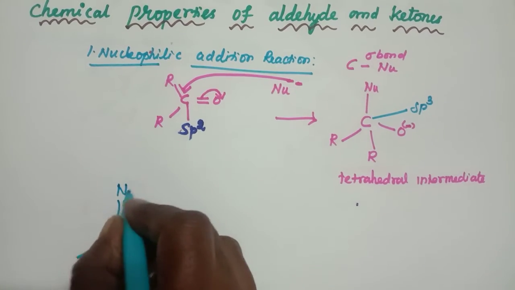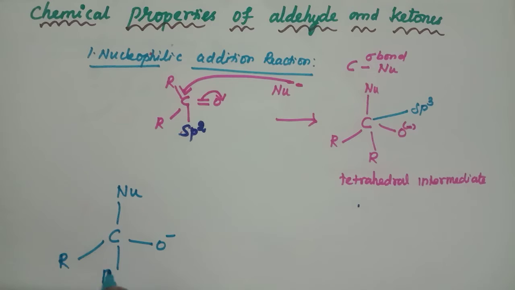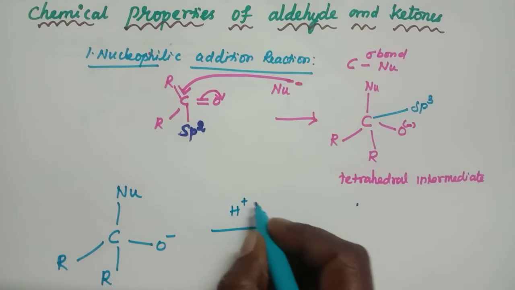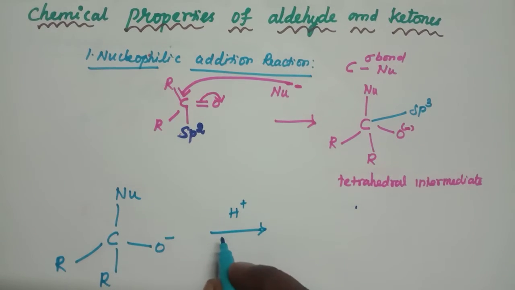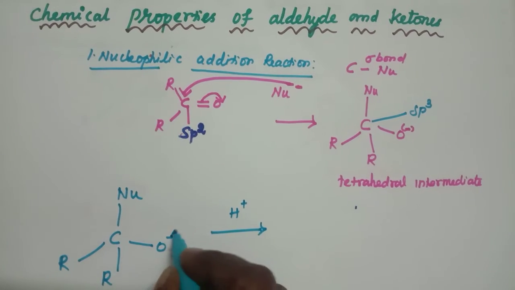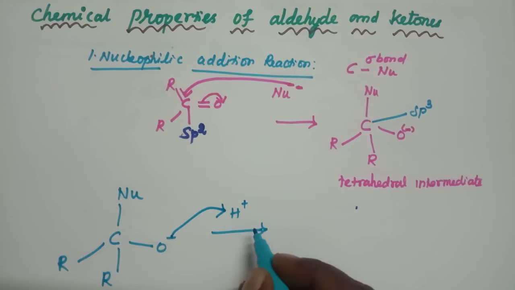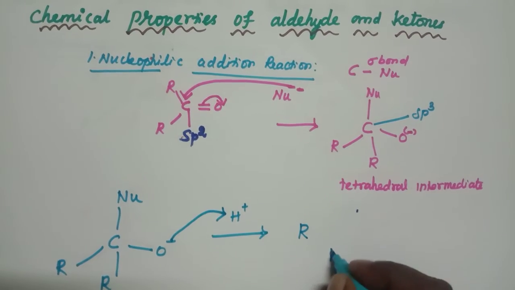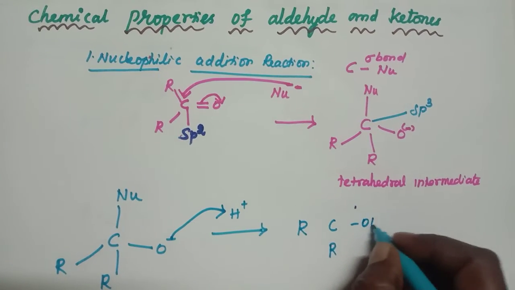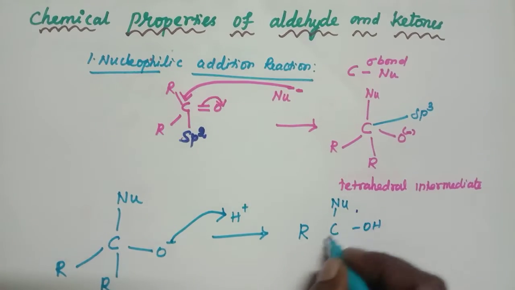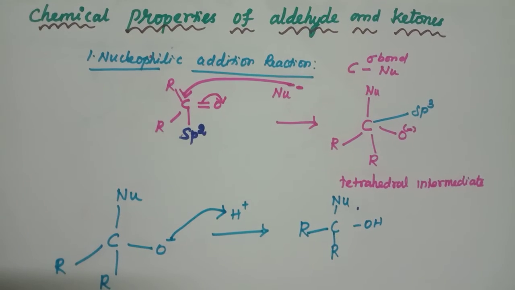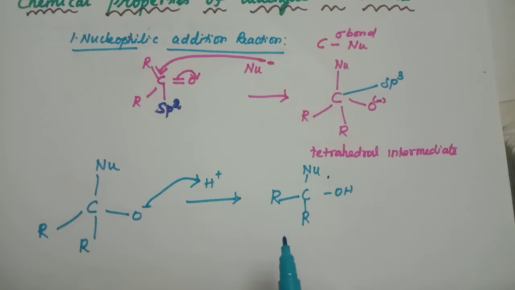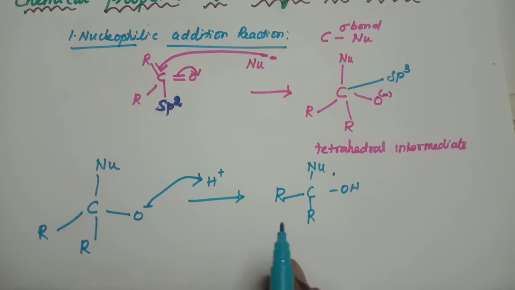This is the nucleophile. This can be protonated by using acid or by water. So this negative charge attracts this hydrogen, and we will be getting OH and a nucleophile. All nucleophilic addition reactions follow the same mechanism.